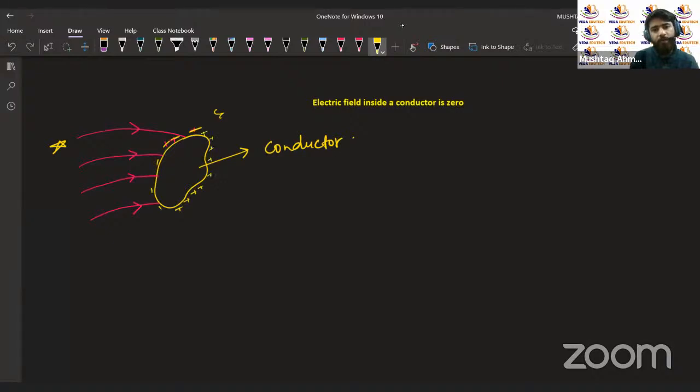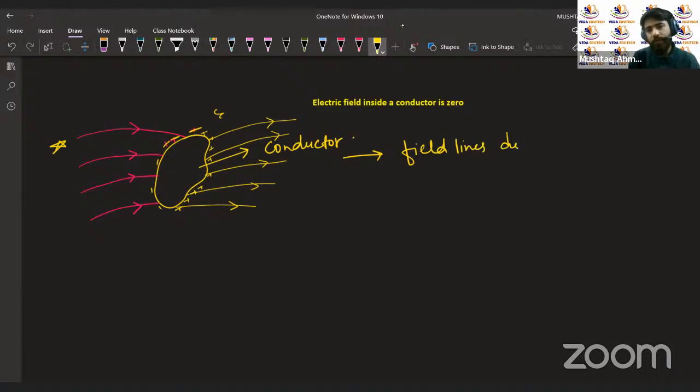Electric field lines, because of this positive charge, will originate from this conductor like this, and these field lines will never exist inside the conductor. So these field lines do not exist inside the conductor.